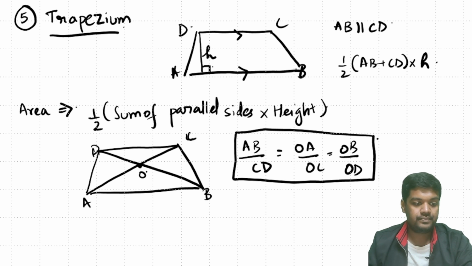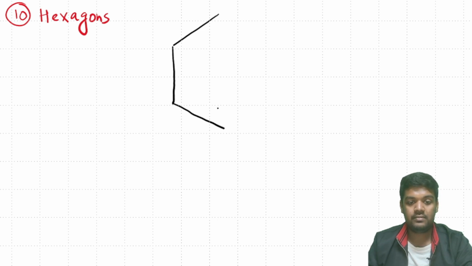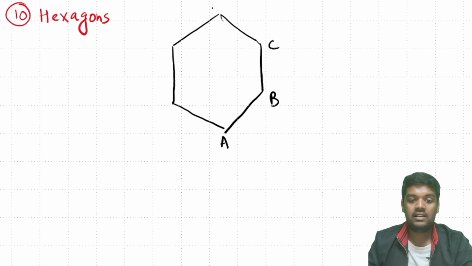Okay. So let's move on to the topic hexagons. So hexagon is a polygon with 6 sides. So let's draw a regular hexagon with all 6 sides equal. Okay. Let's call it hexagon ABCDEF.